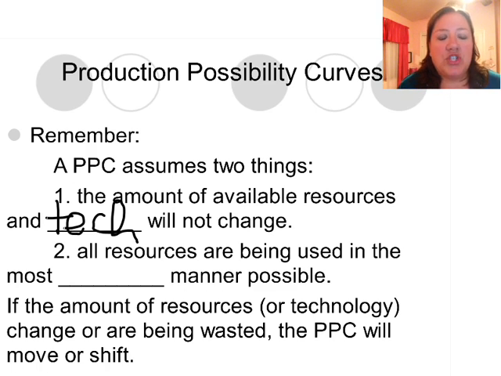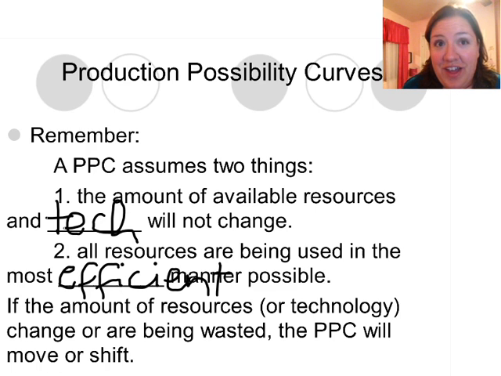The other assumption with the production possibility curve, as well as any example that you look at of a PPC or possibility frontier, is that all of the resources that this person or this government or this business has are being used in the most efficient manner. Now, probably we can argue that.